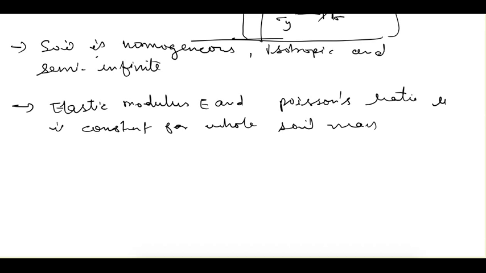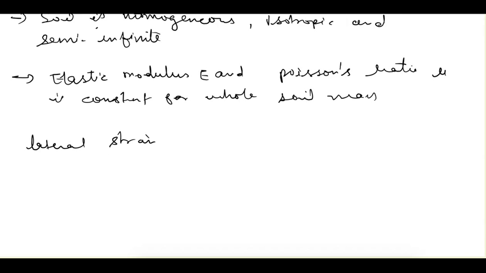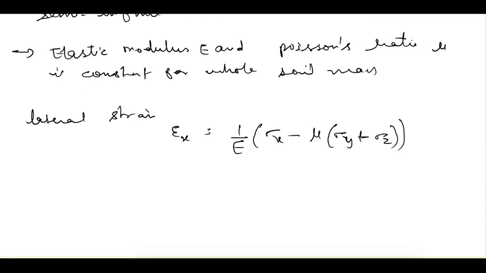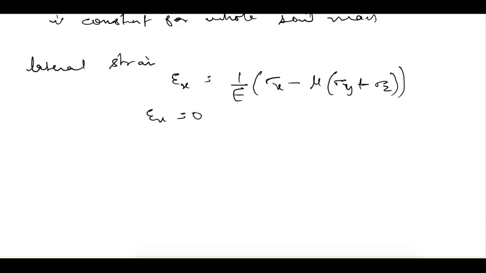So now we can write the lateral strain as epsilon x is equal to 1 upon E times (sigma x minus mu times (sigma y plus sigma z)). Now because in this condition lateral strain is equal to 0, sigma x minus mu sigma y minus mu sigma z is equal to 0.